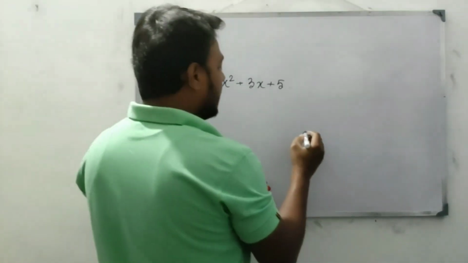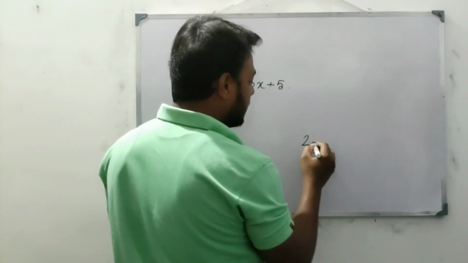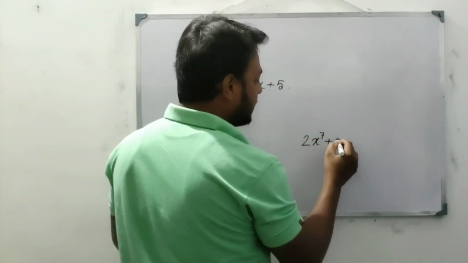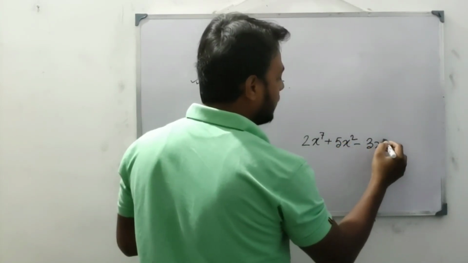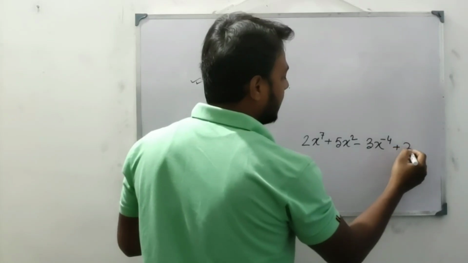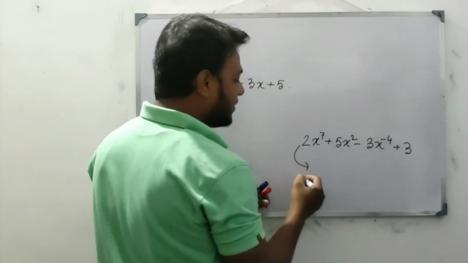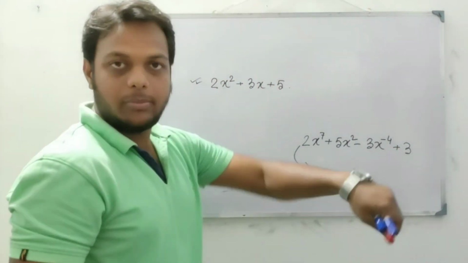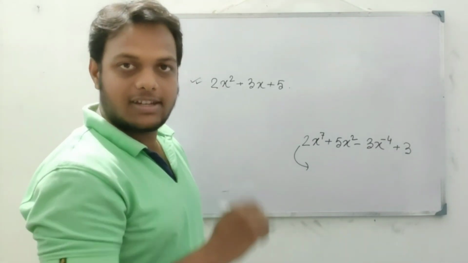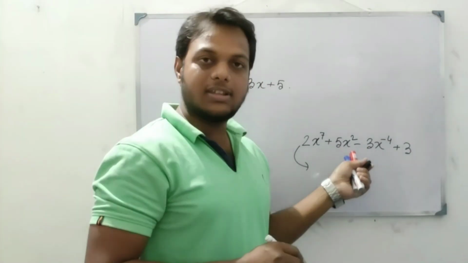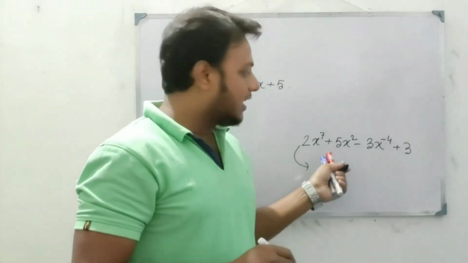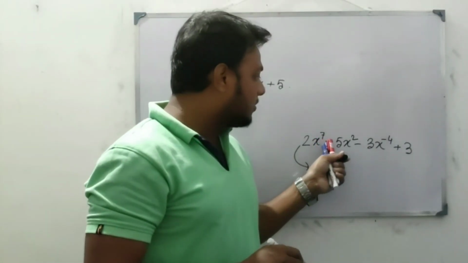If I consider one more algebraic expression, suppose 2x to the power 7 plus 5x square minus 3x to the power minus 4 plus 3, my question is, is it a polynomial? The first criterion is satisfied, that more than one term is there, but all the powers of the variables should be non-negative.